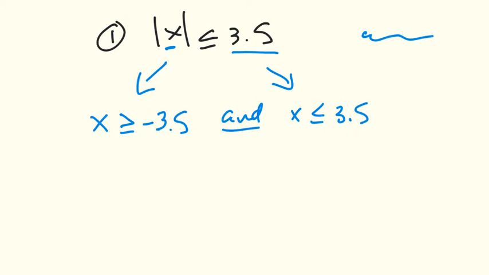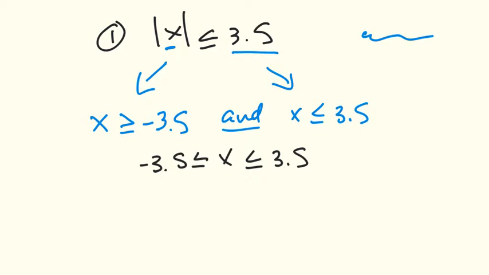All right, so x has got to be someplace between negative 3.5 and positive 3.5. Any number that's in between those two will have a distance from 0 on the number line that is less than or equal to 3.5.